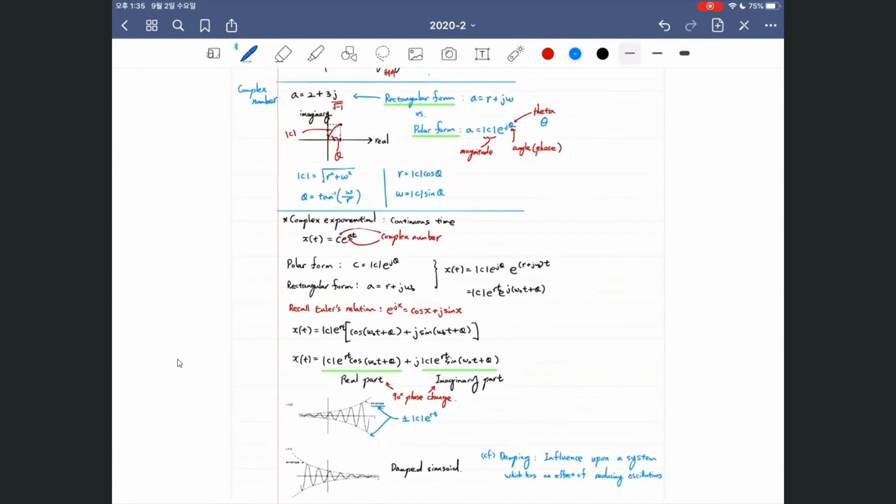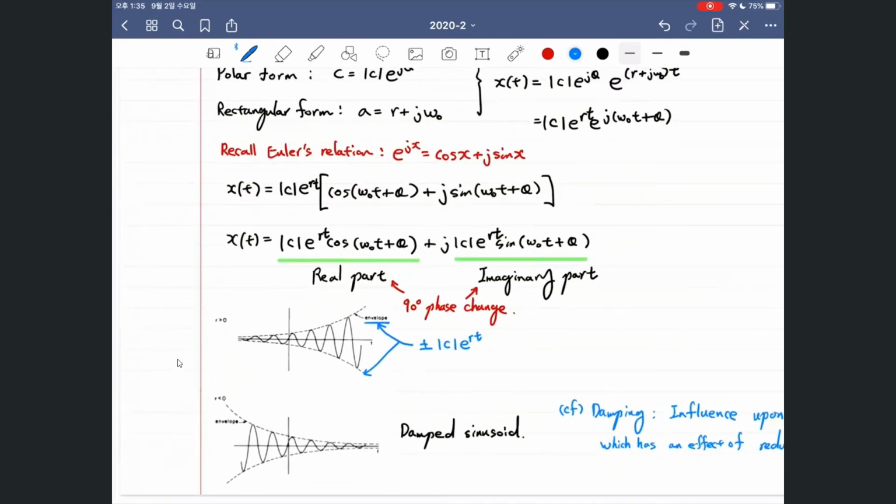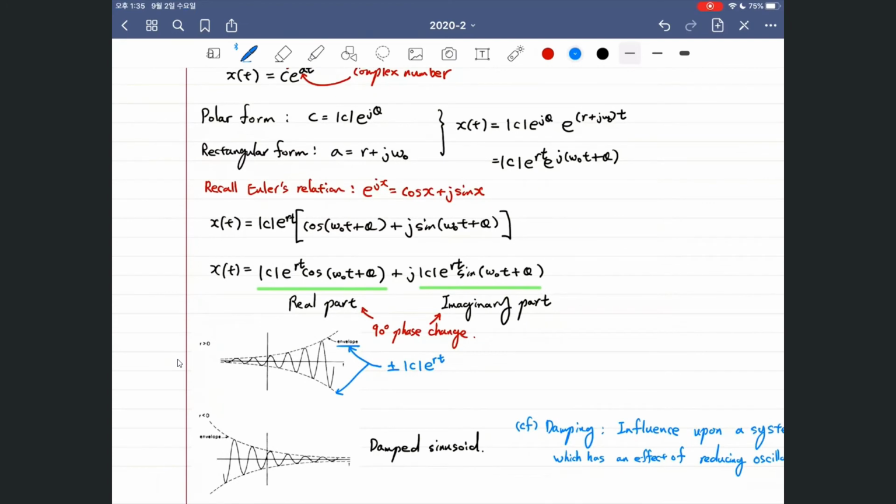So there is also a term called damping ratio, which is used in designing a controller or in other fields. If you have a property of damping in a system, then it reduces the oscillation, as you can see in this second figure.